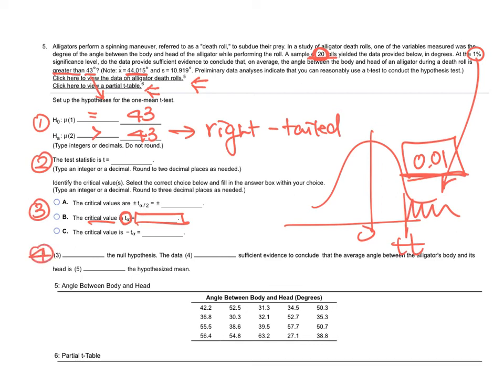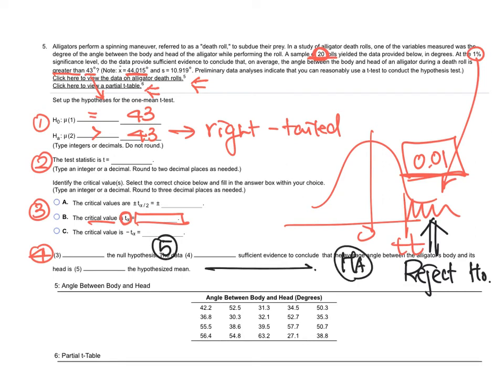Only when the test statistic is in the right tail, then we can reject the null hypothesis. Then finally, you can make the conclusion for the alternative statement, right? It depends on the decision. So it is the right-tailed.